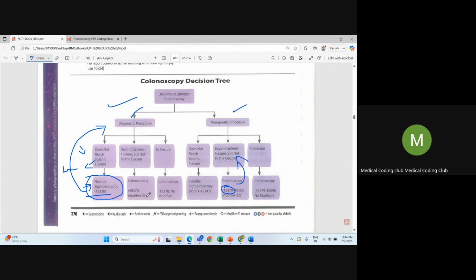They'll ask about modifier usage. For diagnostic, you're going to use the 53 modifier if the scope crossed beyond the splenic flexure but not to the cecum. But for the same scenario under therapeutic, you're going to use the 52 modifier. This modifier usage is important.